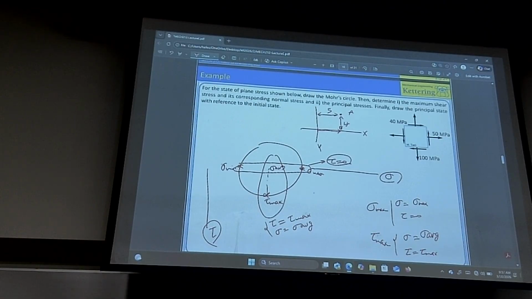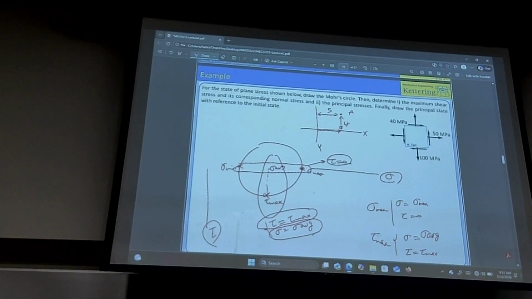But the one that sees max shear stress sees a certain normal stress on it. So if the material has to fail, guys, please pay attention, it fails either on this or on this.